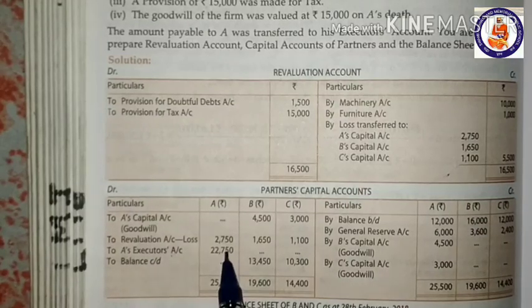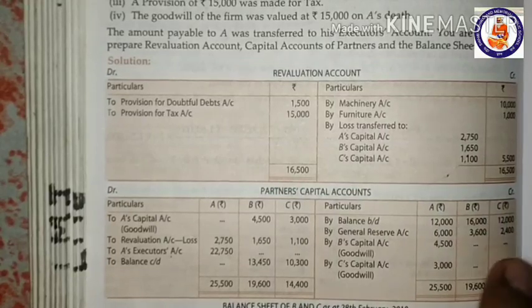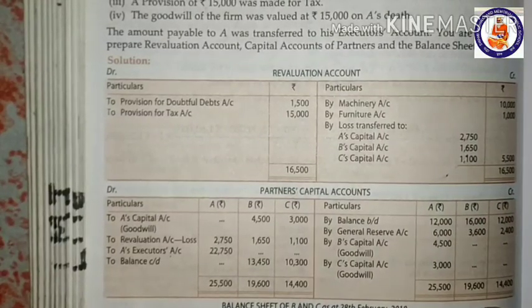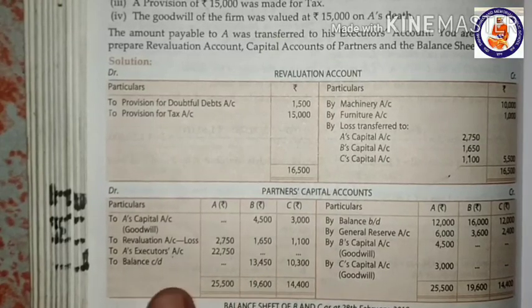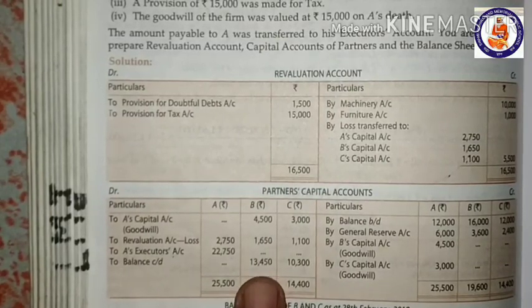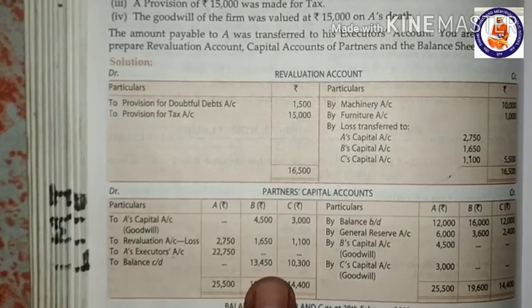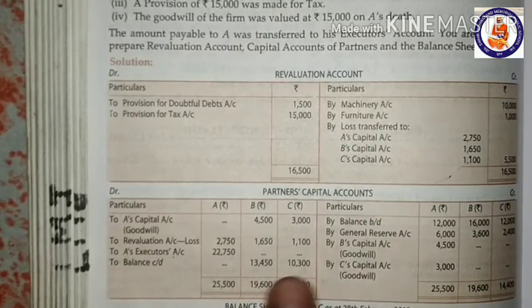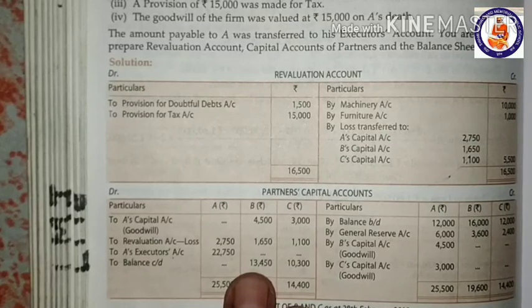Then we take the balances of the remaining partners, totaling and deducting the debit amounts. B's capital account balance is 13,450 and C's capital account balance is 10,300.